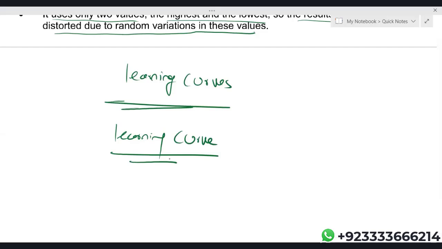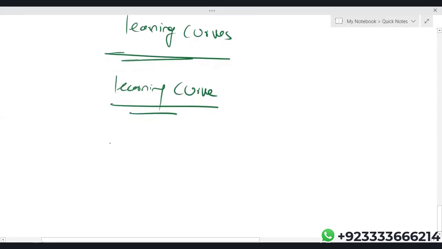What do you mean by this? For example, units, average time required per unit, then we have total time.